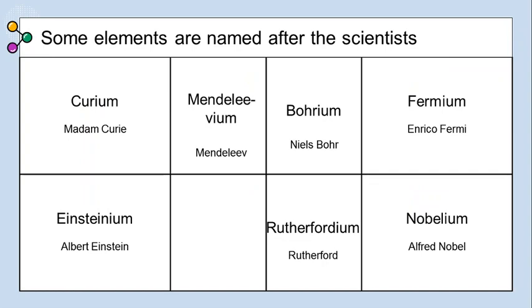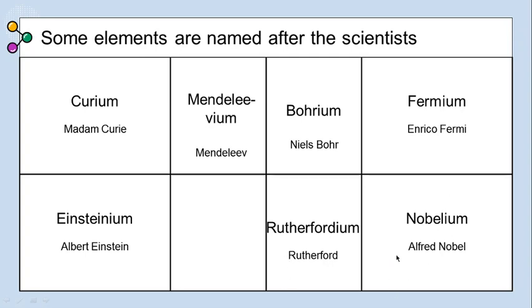Coming to the next slide, some elements are named after scientists. Curium is named after scientist Madame Curie. Mendeleevium, after Mendeleev. Bohrium, Niels Bohr. Fermium, Enrico Fermi. Einsteinium, Albert Einstein.